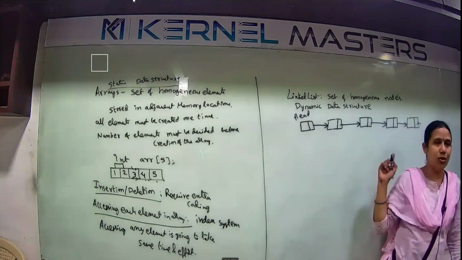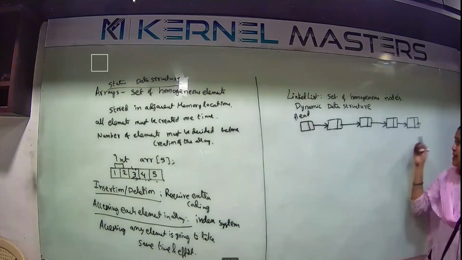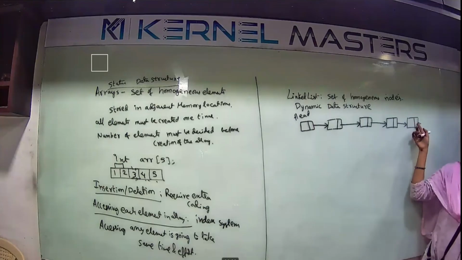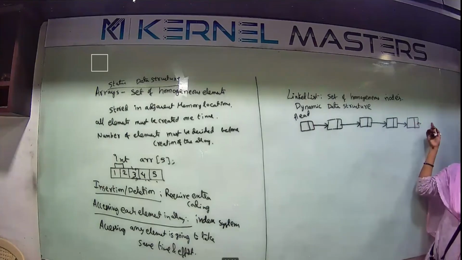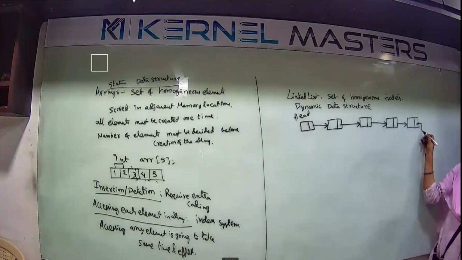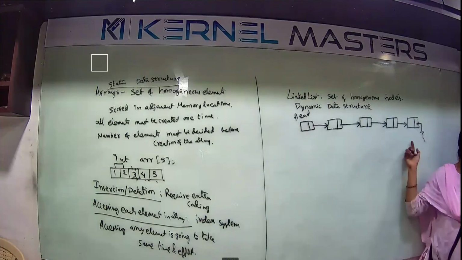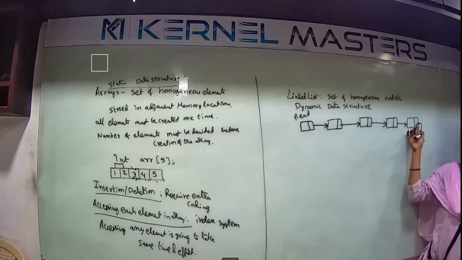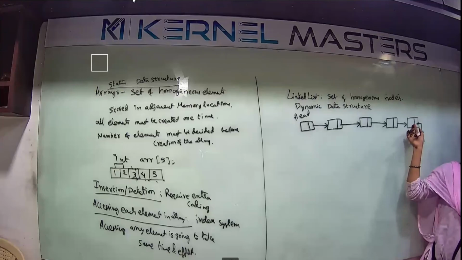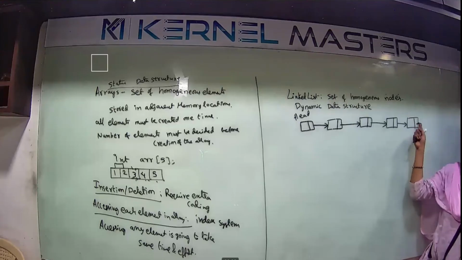These are all homogeneous elements. So every node will have the same 2 parts: a data part and an address part. If you have a next node, it will remember that address. If the next node is not there, then it will remember a null. It has to still fill that pointer. Address means pointer. You can't leave the pointer without filling, or it will become a wild pointer. So you have to fill it with 0 at least to indicate that this is the last node.